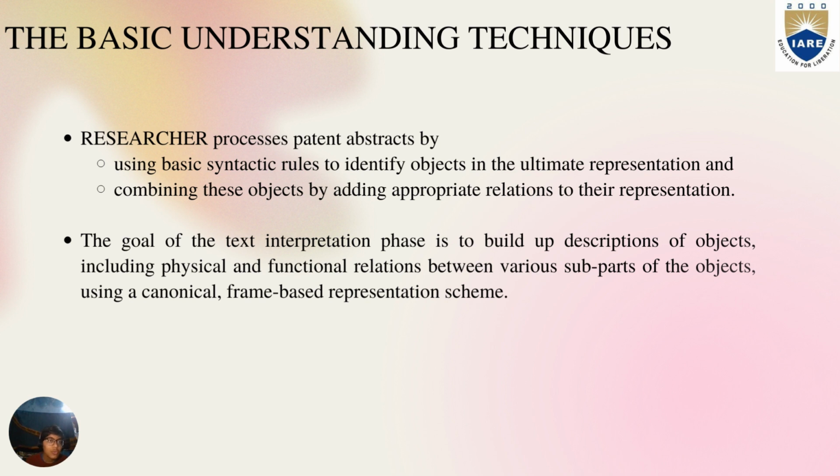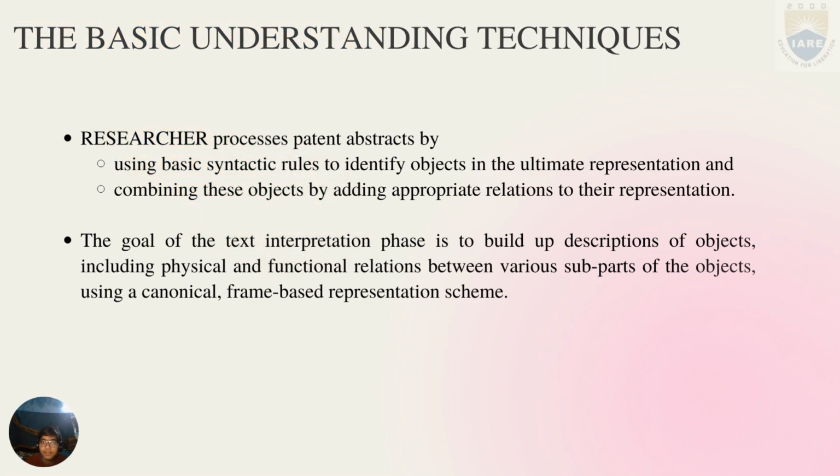So researcher also has to get around such problems, and this can be done not solely depending upon the semantic information of the objects, but on the relations between the objects, by putting more emphasis on understanding the relations between various objects in the text.